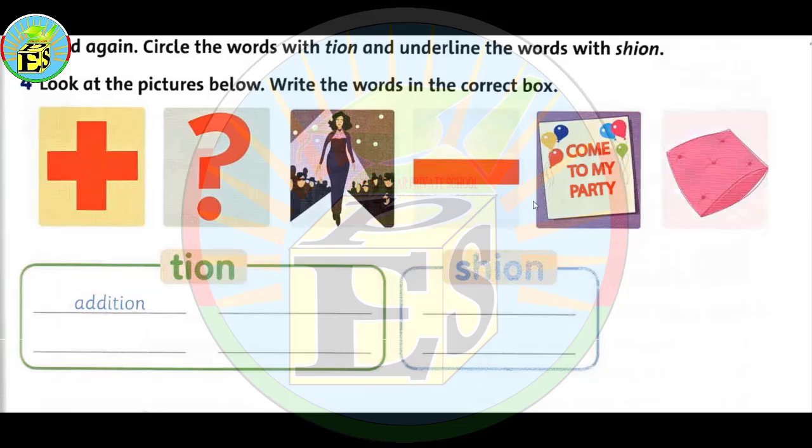We have a card here and it says come to my party, so this is an invitation. And the last picture that we have is cushion. We sit on it. So I would like you to think of the correct answers for this task, and we will check the answers and the words together in a minute.